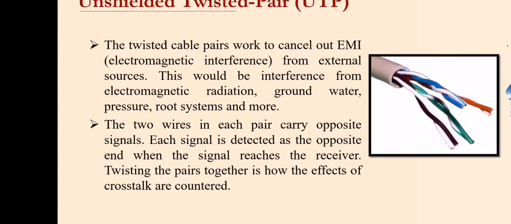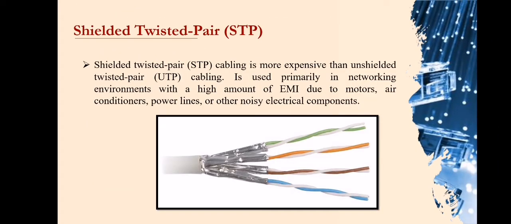Next, we have the shielded twisted pair, or the STP. The outer insulating jacket contains an inner braided copper mesh to shield the pairs of twisted cables, which themselves are wrapped in foils.